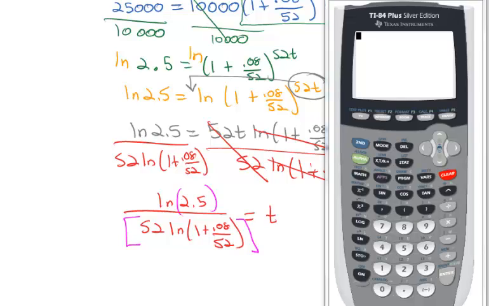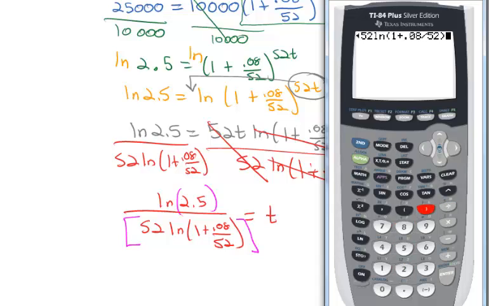So let's put it in the calculator. We push the natural log of 2.5. Remember to close the parentheses on the natural log. Divided by, parentheses for the denominator, 52 natural log of 1 plus 0.08 divided by 52.